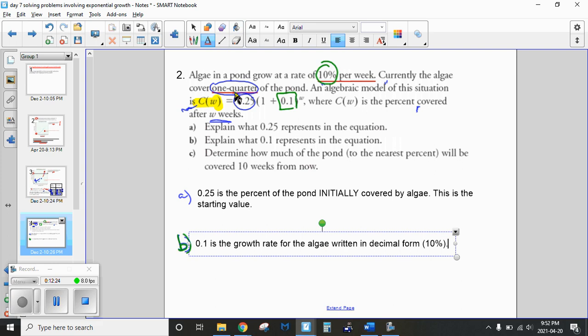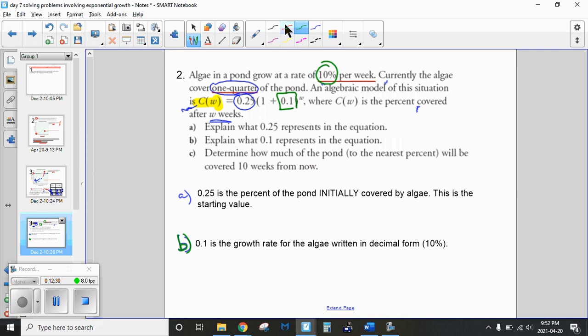The other part of that bracket, this wasn't actually in the question, but I'm going to add it here anyway. The number 1 added at the beginning, we'll talk about this on the next slide anyway. But this is what means it's going to grow. We're in the bracket ending up with a number bigger than 1.